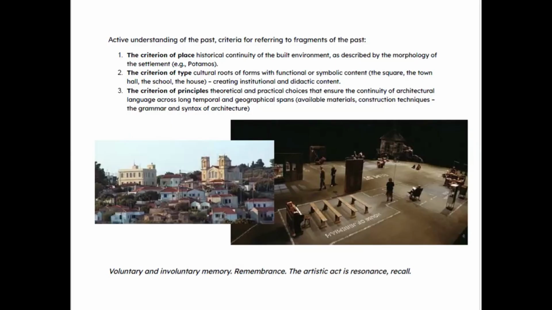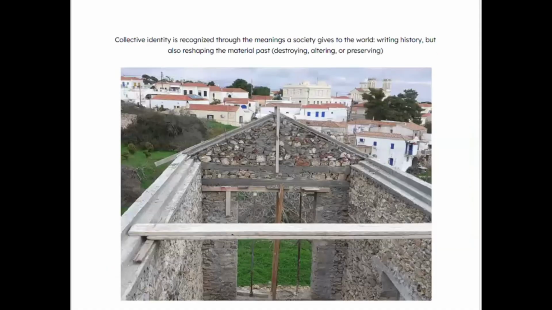And the last criterion, the criterion of principles, also the theoretical and the practical ones, meaning that when you go to the island, you have access to specific techniques, materials, and technicians. And here we can see the exact view of the village from the barn and how the cell of the building evolved.